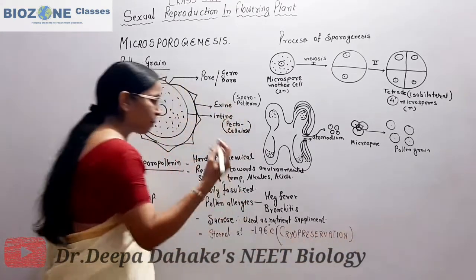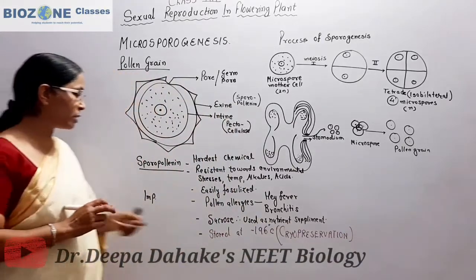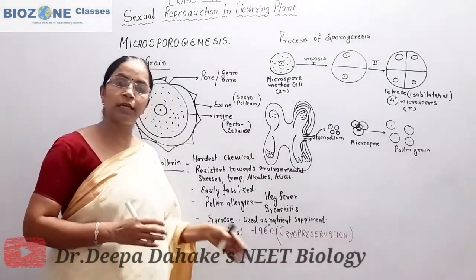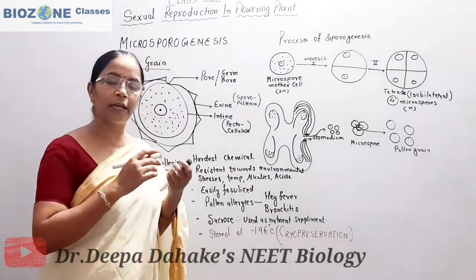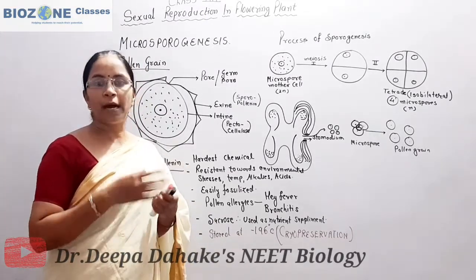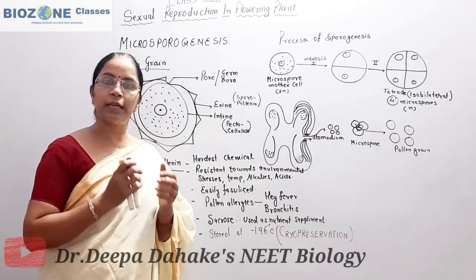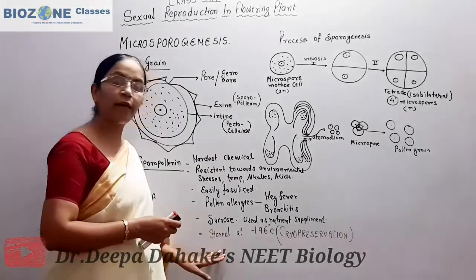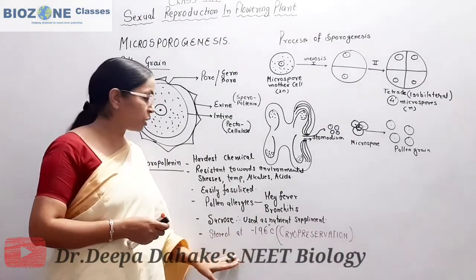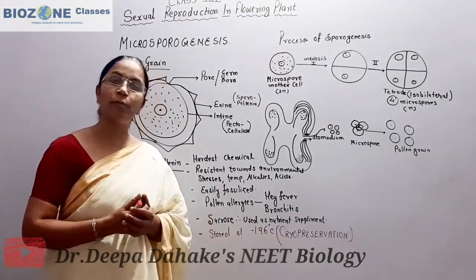Genetic materials, spermatozoa in case of animals and pollen grains in case of plants, are stored at minus 196 degrees Celsius in liquid nitrogen under a very high pressure. That process of storage is called cryopreservation.